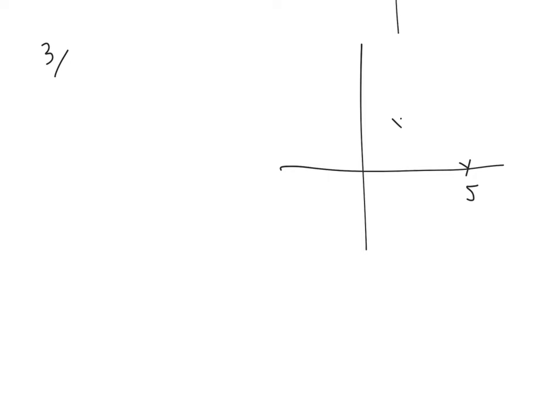On to number 3. The midpoint of the line joining the points A, (5, 0), and B is M (1, 3). Find the coordinates of the point B. So it's a bit of a back to front question. We're told that A is (5, 0), which would be here, and M is (1, 3), which would be, say, here.